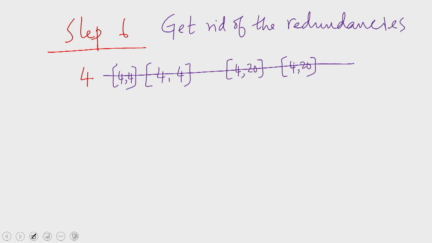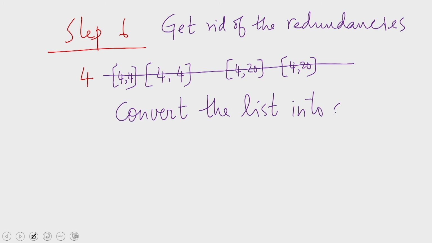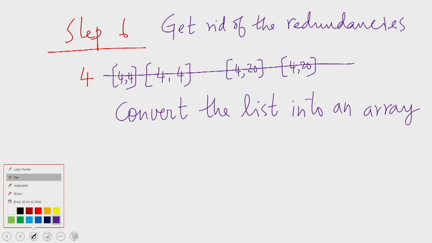So, how do we do this? For this, first what we have to do is to convert this linked list into an array. This is of course a familiar operation.